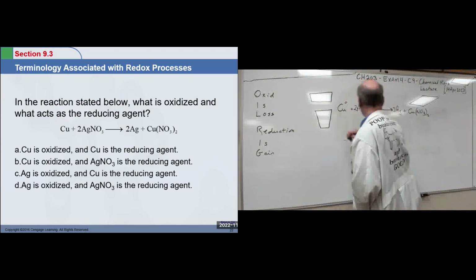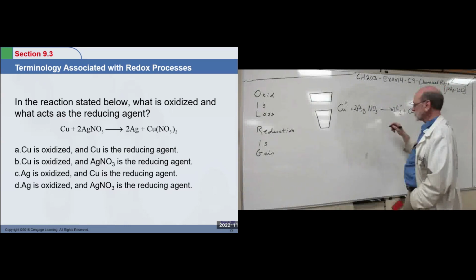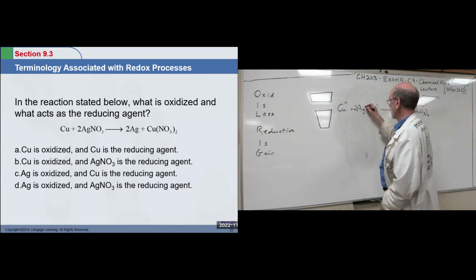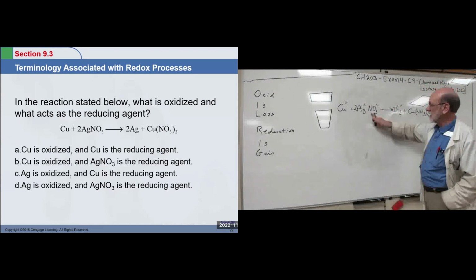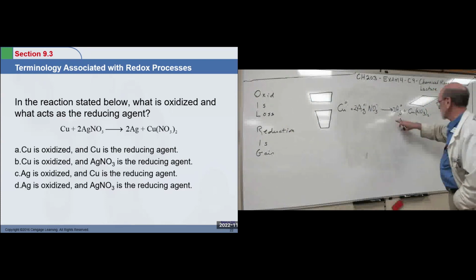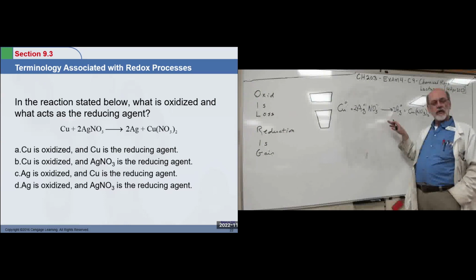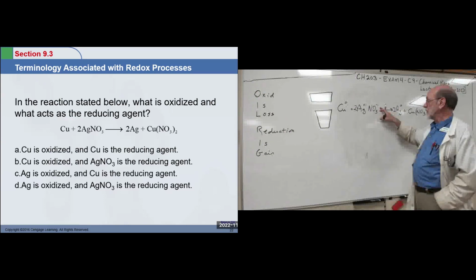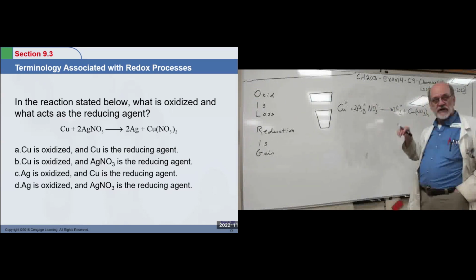So copper is 0, silver is 0 here. This nitrate is a -1, so that means silver has to be a +1. And notice that this nitrate stays intact on both sides of the equation. So in order to do our balancing act, we don't need to break this apart to answer the question.